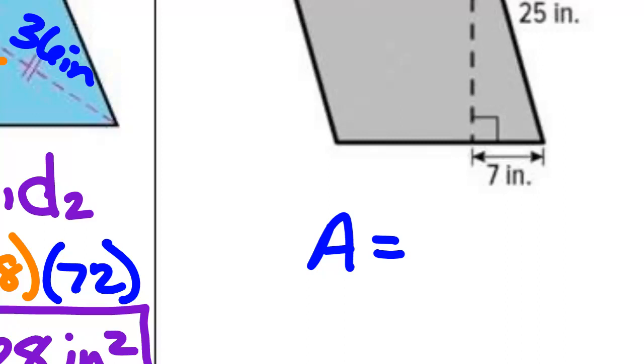What is the area formula for a parallelogram? Nope, that's for a regular polygon. We have a 4-sided shape here, so we have a quadrilateral. Area is equal to base times height.